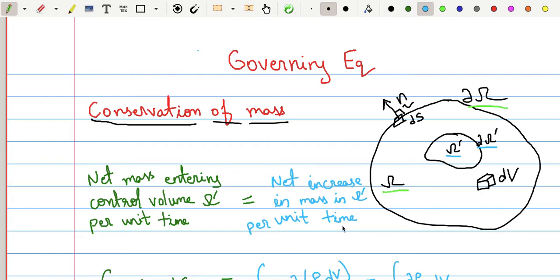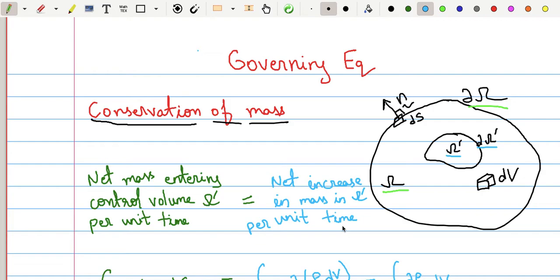All we are saying is, if we consider some control volume, whatever is the mass entering per unit time should be equal to the increase in mass in the control volume per unit time, correct?